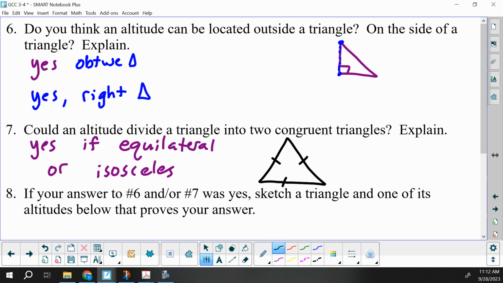I'm representing it with the tick marks. If I go from any vertex and draw the altitude, it's going to split the triangle into two triangles that are identical. If we look at an isosceles triangle, which has just two congruent sides, if I do the altitude from what's called the vertex angle, that'll also split it into two congruent triangles.